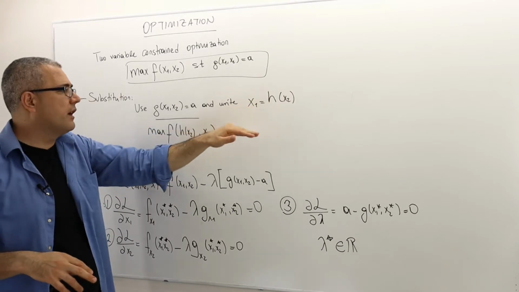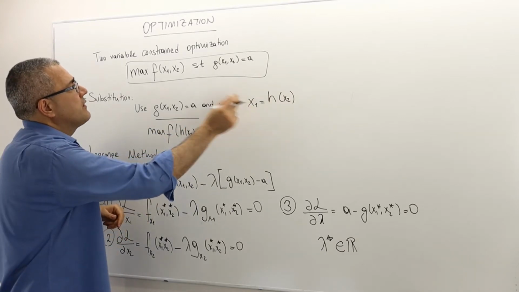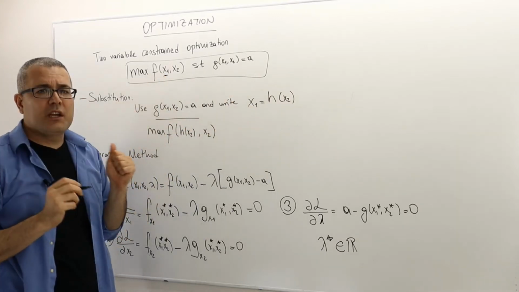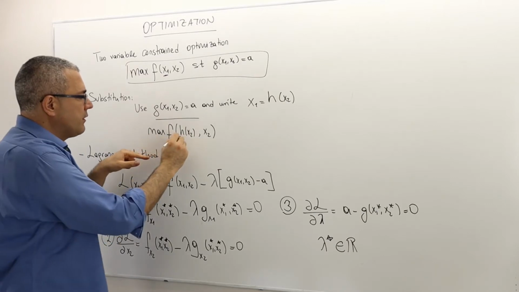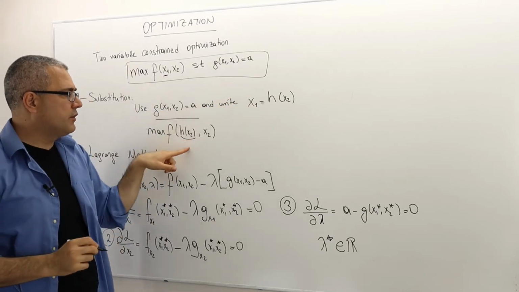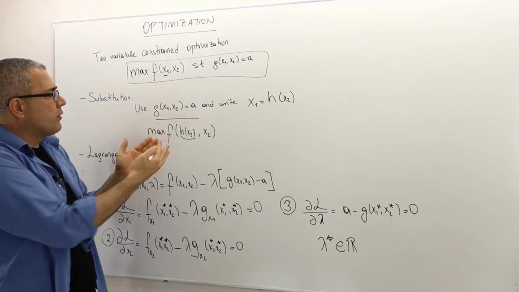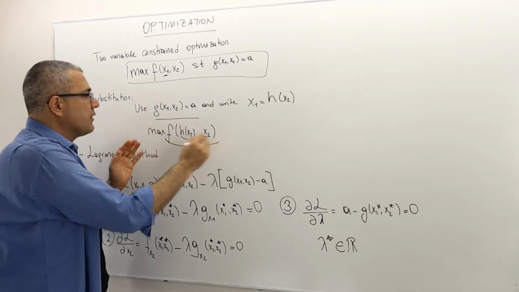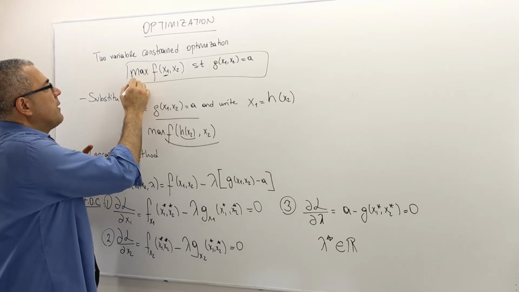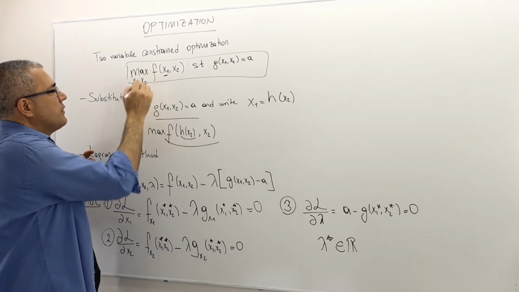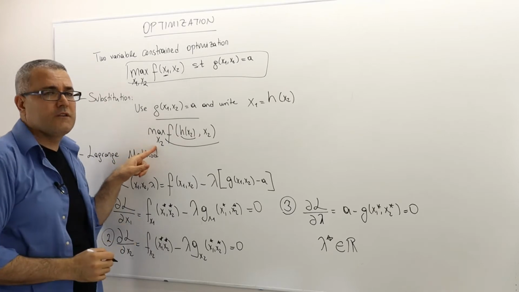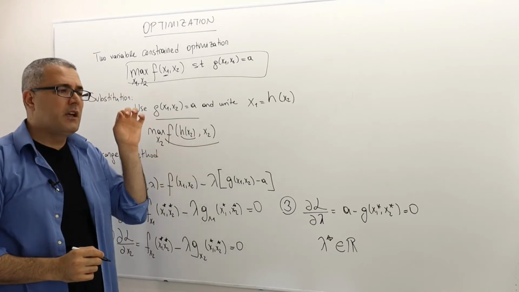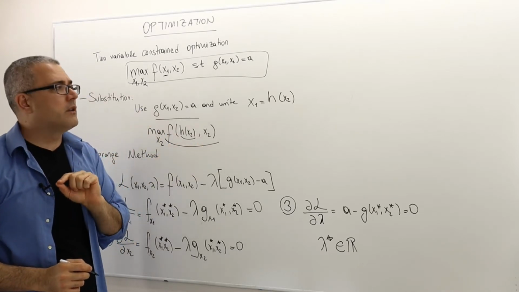So if I can do that, then I basically plug this x1 into my objective function. So instead of x1, I have h of x2, and therefore my objective function is a function of one variable only. Here I am maximizing by choosing x1 and x2, but here I am choosing only x2, right?